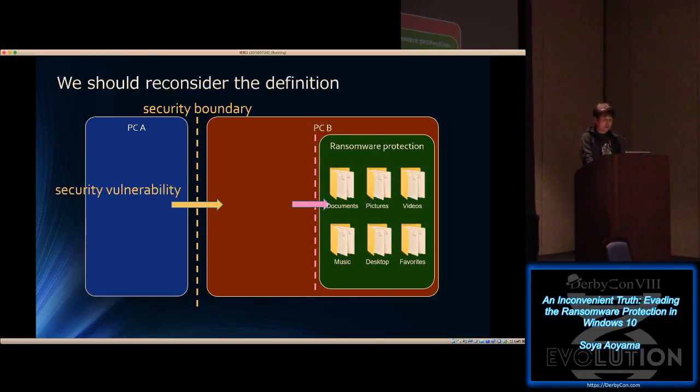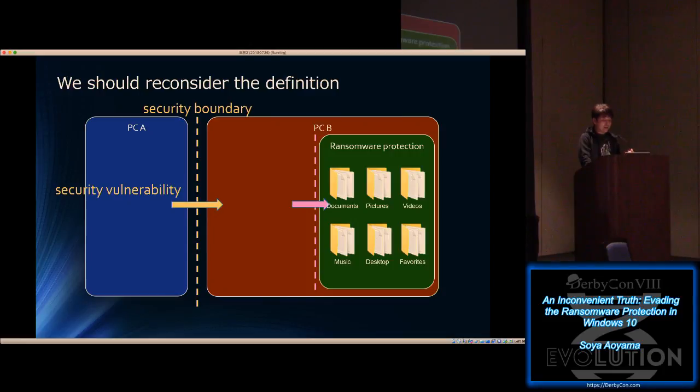Until now, account-based security boundary have been defined, and those that exceeded it are called security vulnerability. But now, boundaries that are not based on account appear. We should reconsider definition of boundary and vulnerability.